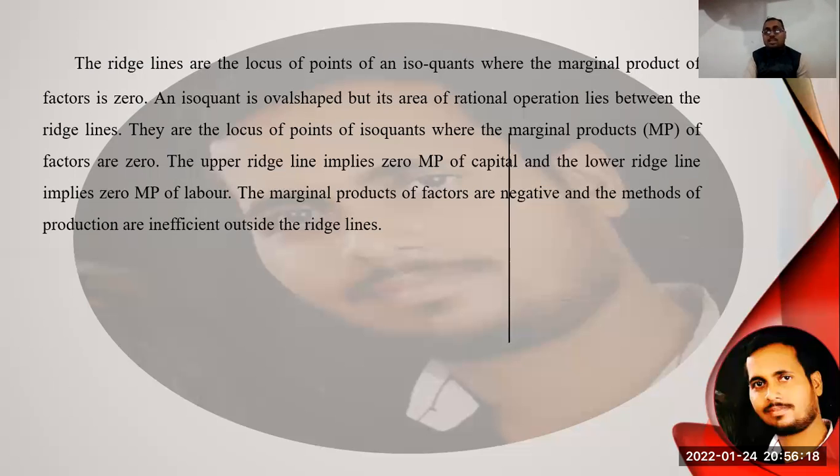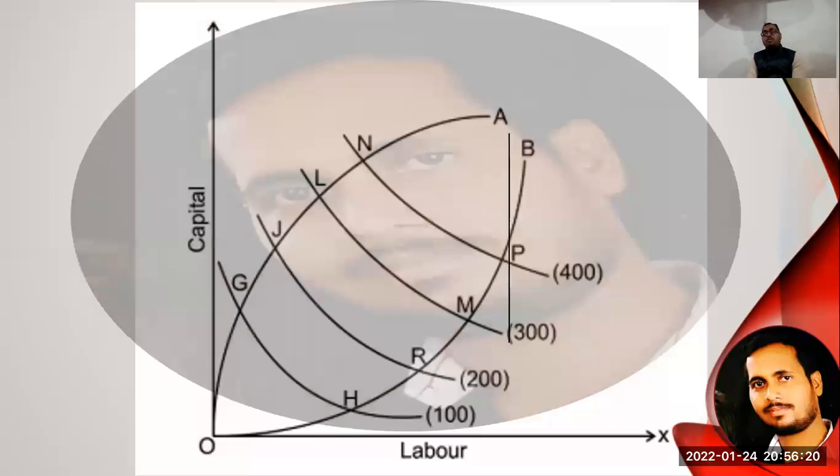Now see the ridge line system, by which you will be able to better understand what the ridge line is. Students, now see, I pick up 100, which shows the production of 100 products while using capital and labor.